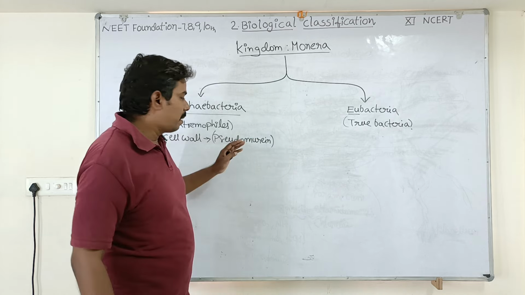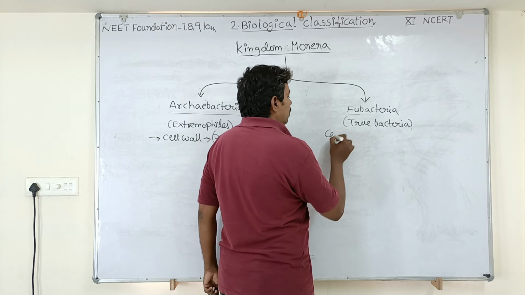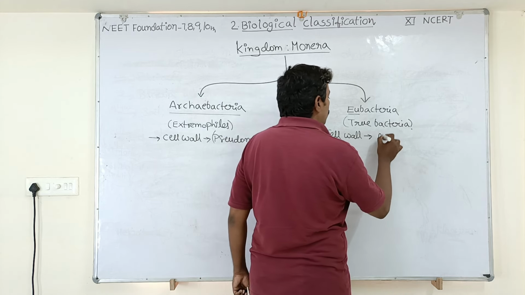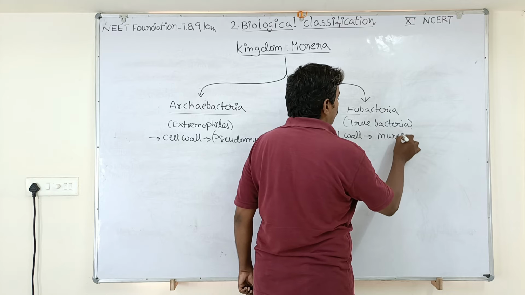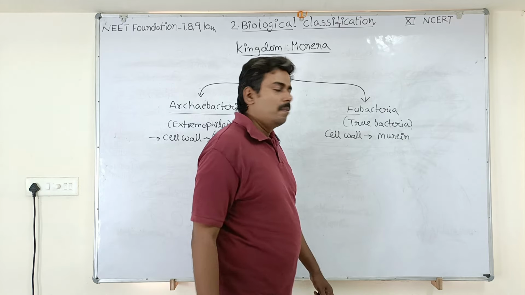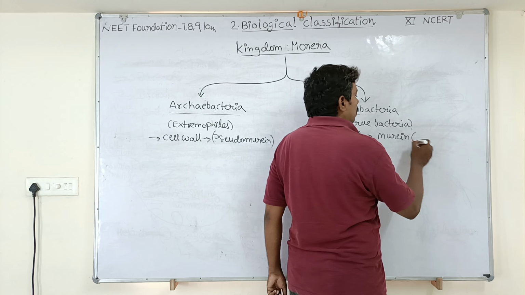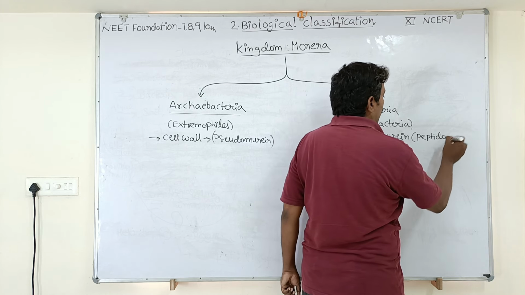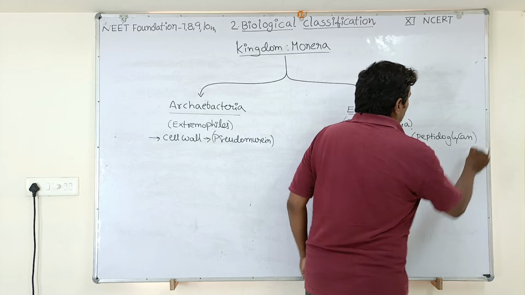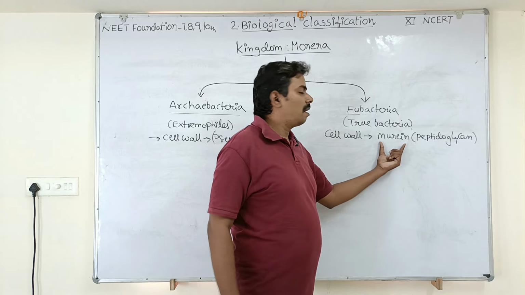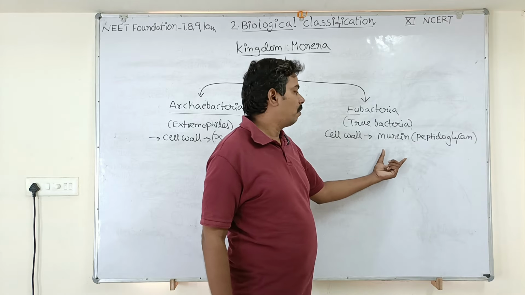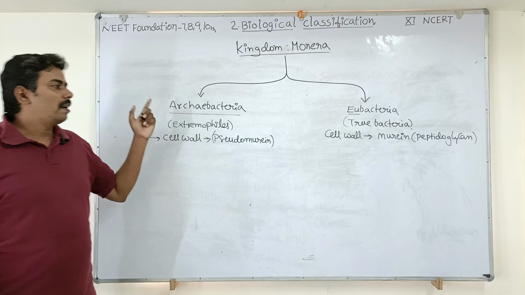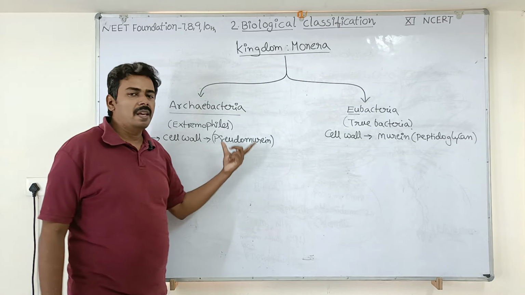Whereas in eubacteria, the cell wall is composed of murein. Murein can also be called peptidoglycan. So peptidoglycan is another name for murein cell wall material. This is the difference between archaebacteria and eubacteria with respect to their cell wall materials.